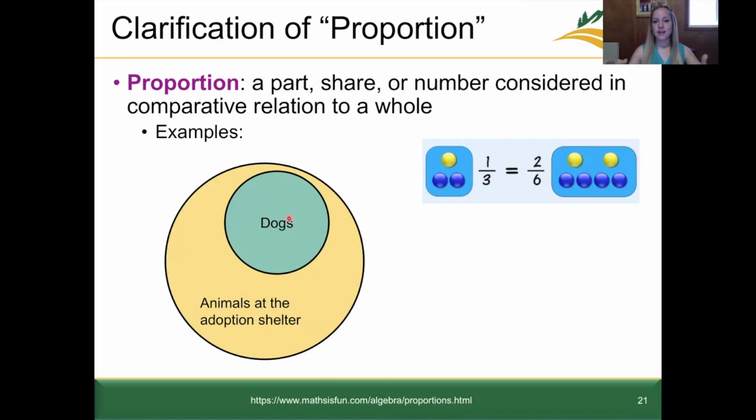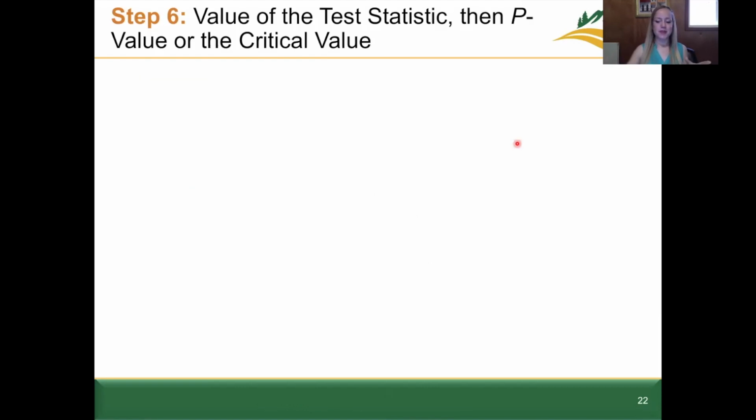Okay, so I wanted to clarify that meaning of proportion in case you're wondering, how do I know that was a proportion that we're asked about in our drone example? Again, think of proportion as a part or share of a whole. For our drone example, we were looking at just a proportion of our 1,009 consumers. The steps blur a little bit, so now I'll move on to step 6.